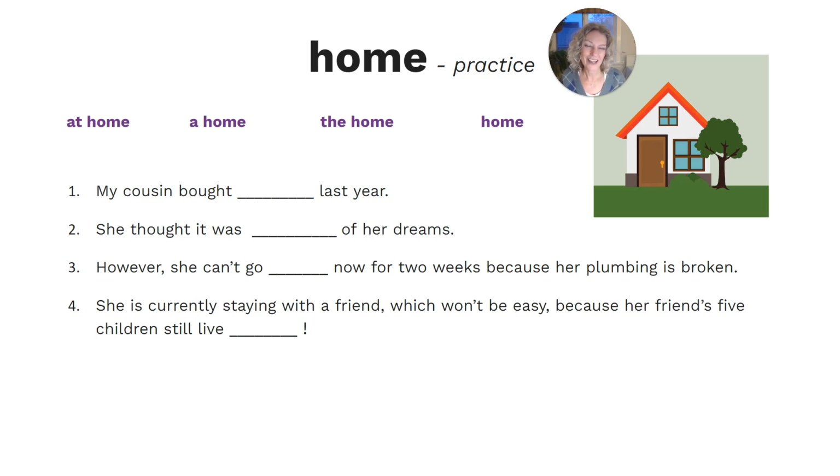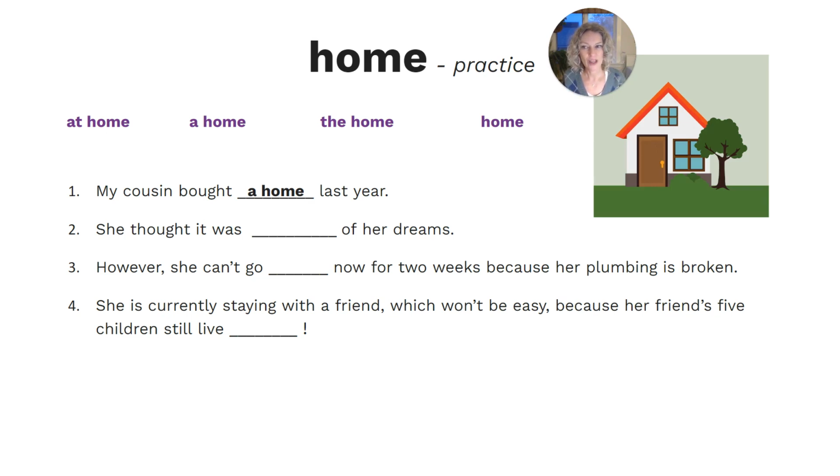So are we talking about home here as a singular count noun, as a direction, as an activity? What do you think? Well, the correct answer here is a home. So we need to use the indefinite article because we're not being specific about which home. We're just saying a home in general. My cousin bought a home last year.